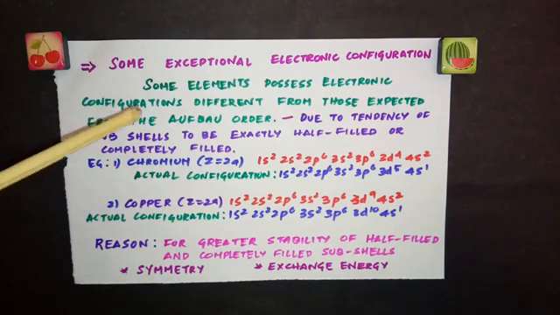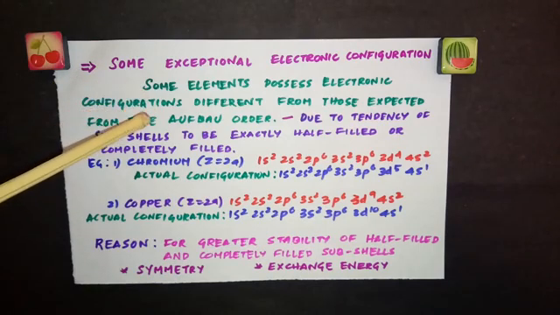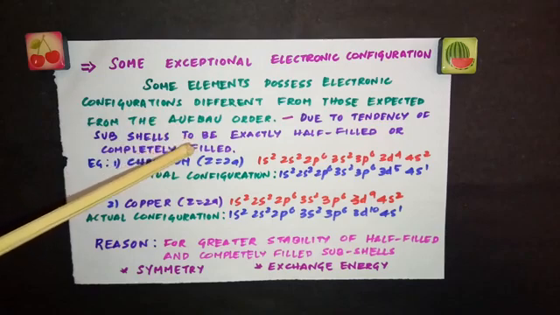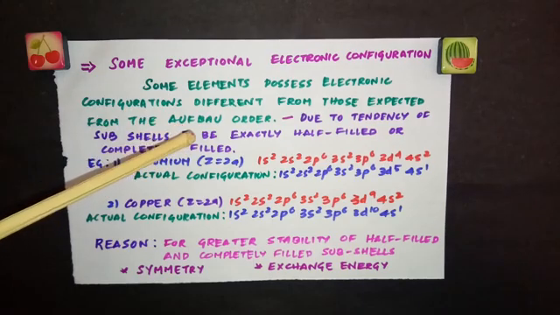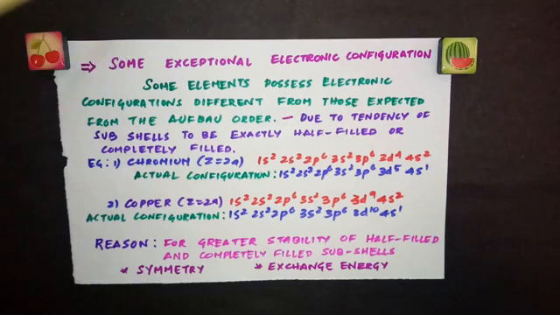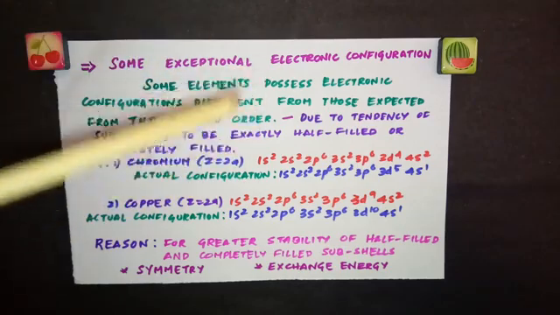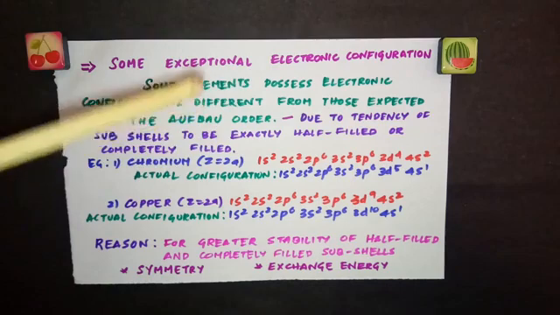Just now we said some electronic configurations are exceptions. What is the reason for that? Due to the tendency of subshells to be stable in half filled and completely filled state. Now we are going to see why the subshells are more stable in half filled and completely filled state.